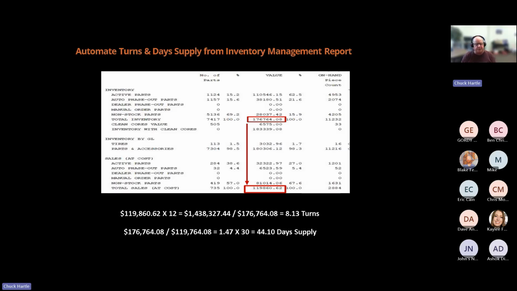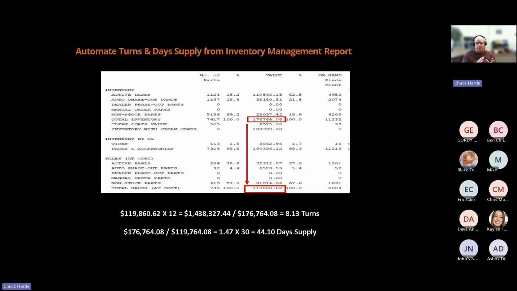But you know what? We see efficient inventories that might have as much as a 55-day supply, but they're still very efficient, and their turns are up around 7.5, 8. To me, that means you've got some breadth in your inventory, because ultimately that's what you want to do, is satisfy your shop, satisfy your customers.